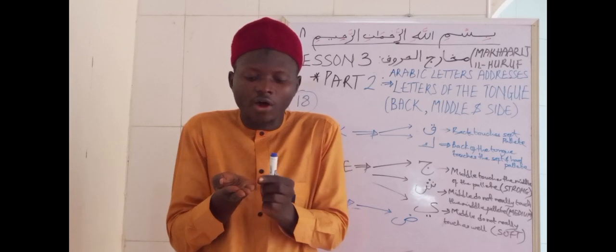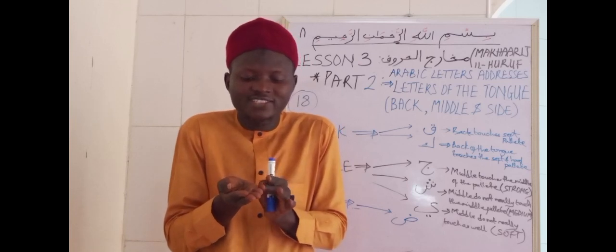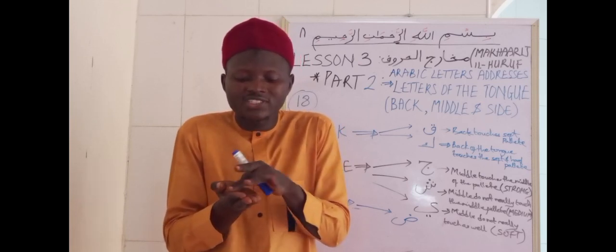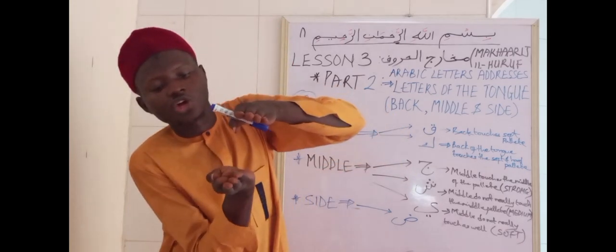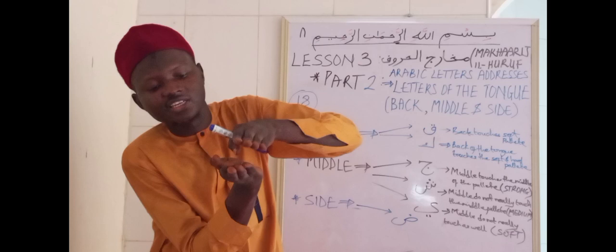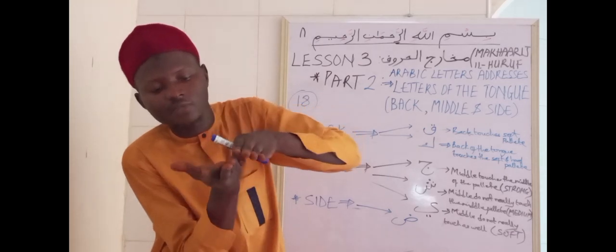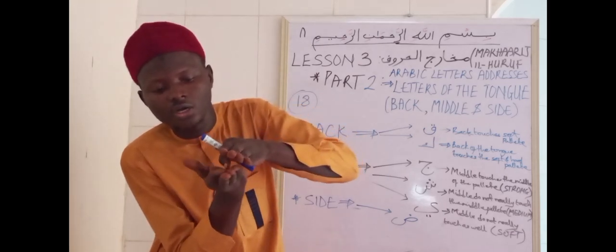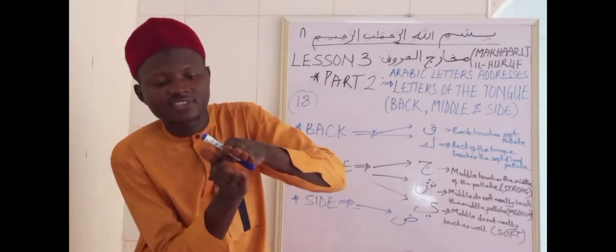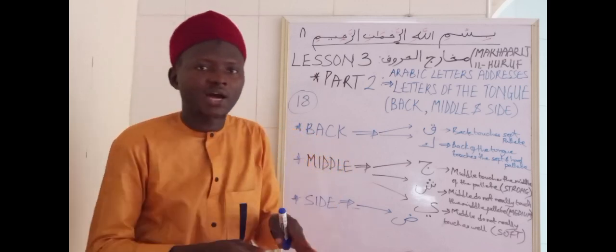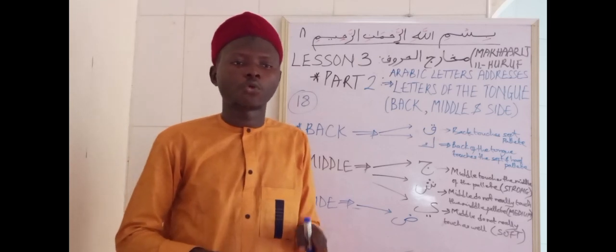So when it curves like this, if you want to describe the two sides of the tongue, if this is the upper palate, the tongue curves a little bit like this. So this side of the tongue is going to be touching our palate.